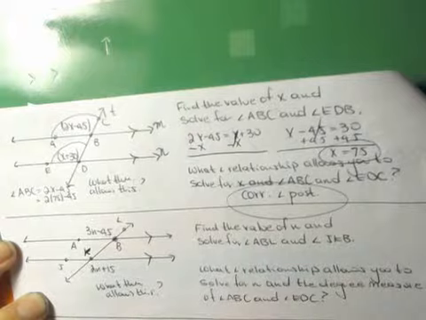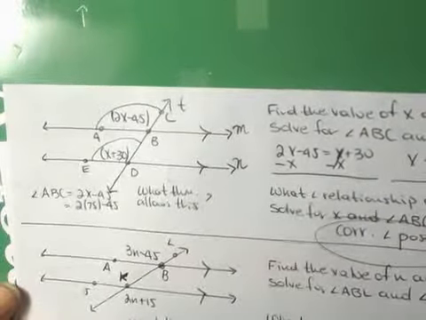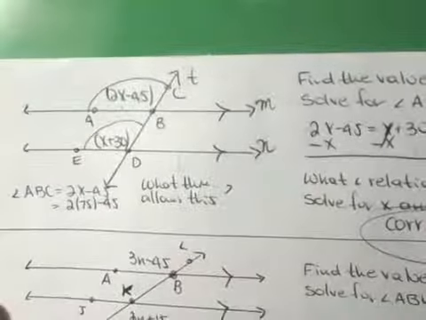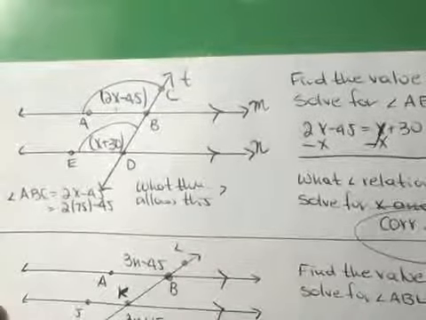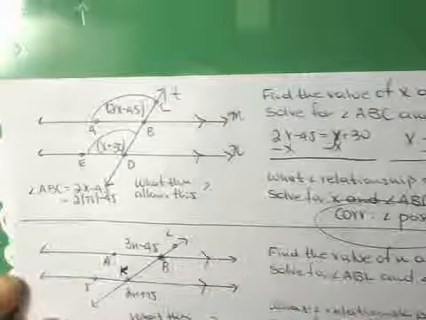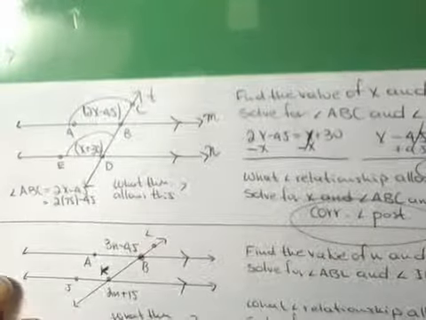Okay, we need to zoom in maybe. I found that x was 75. Okay, so we plug this in.